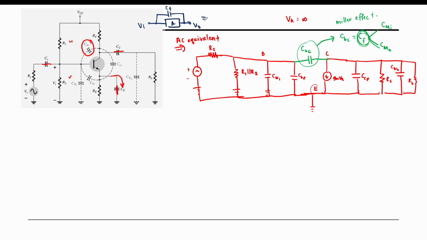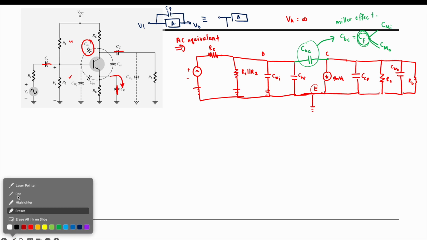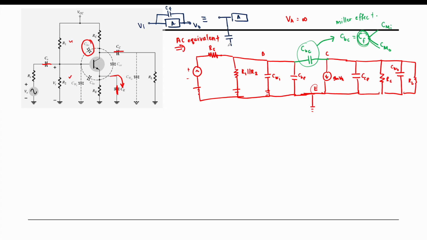This is equivalent to an amplifier with CMI at the input and CMO at the output. So we can divide our CF into CMI and CMO, and the same goes for this CBC.